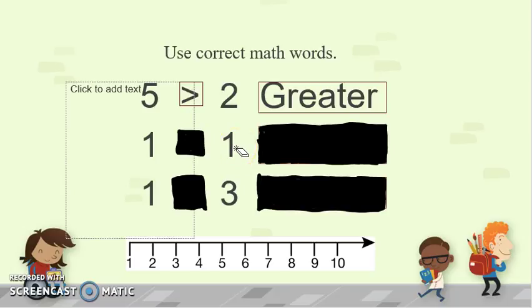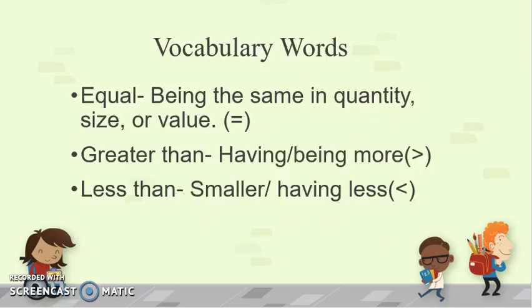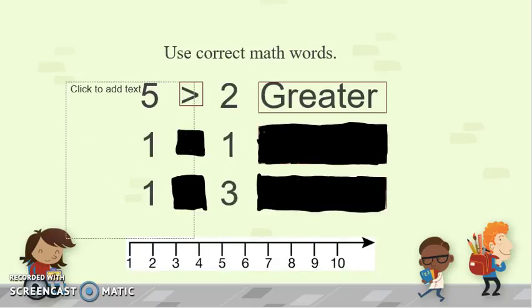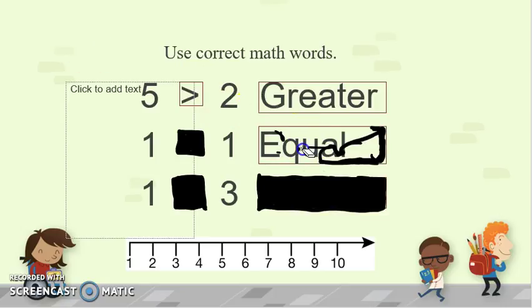Well, we know that since it's the same number, and referring back to our vocabulary, being in the same quantity, size, or value, 1 is going to be equal to itself. So when something is equal to itself, we do the same little equal sign that we've always done in math.